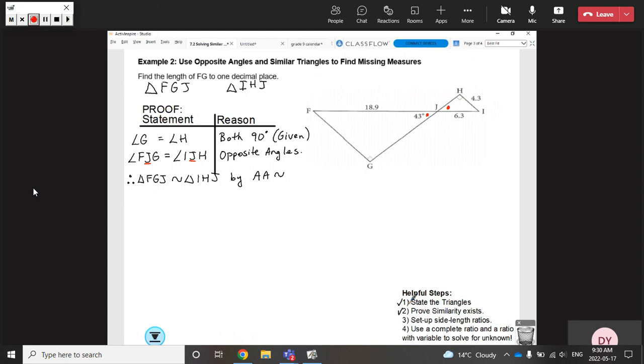Now, because we're solving for a side length, step number 3, I suppose, is to set up the corresponding side length ratios. So if you like steps, this is number 1, this is number 2, and number 3 is setting up the corresponding side length ratios.